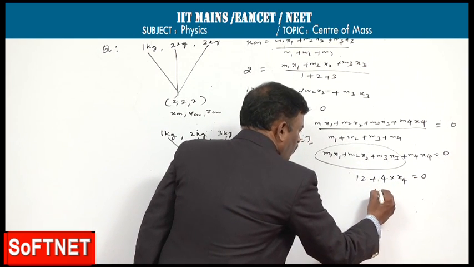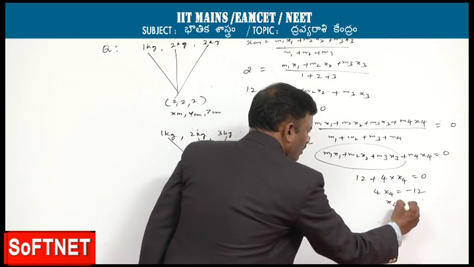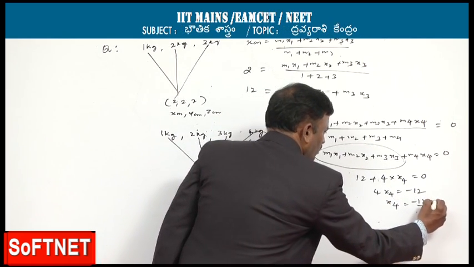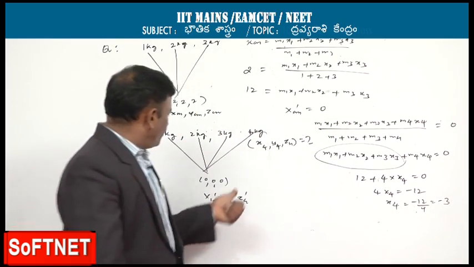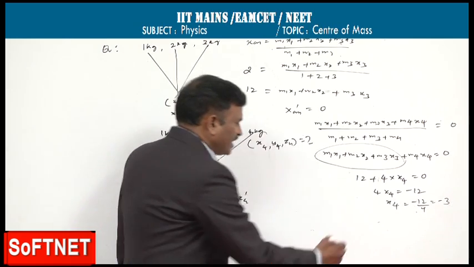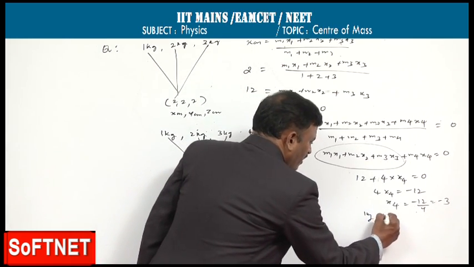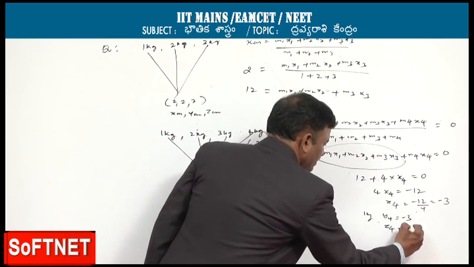So 4x4 is equal to minus 12, x4 is equal to minus 12 by 4, that is minus 3. Similarly, for YCM and ZCM, no need to do it again. Similarly Y4 is minus 3 and Z4 is also minus 3.